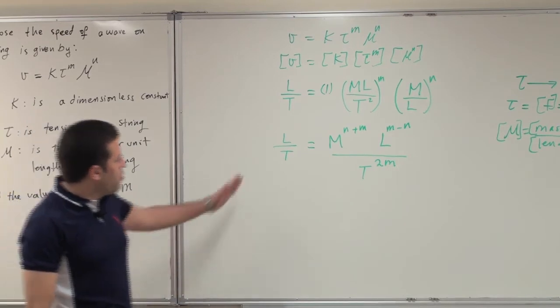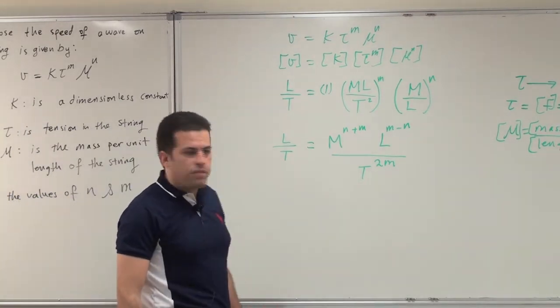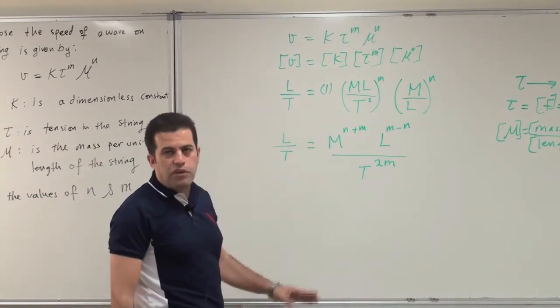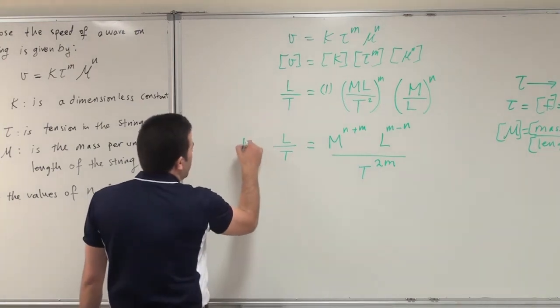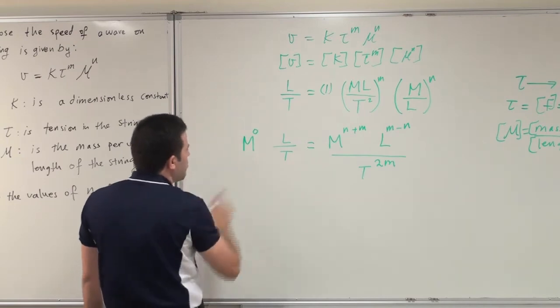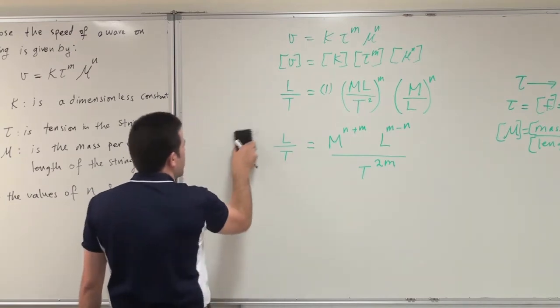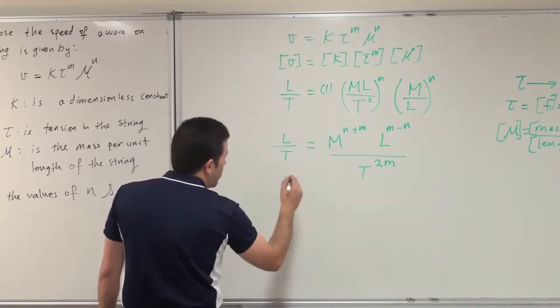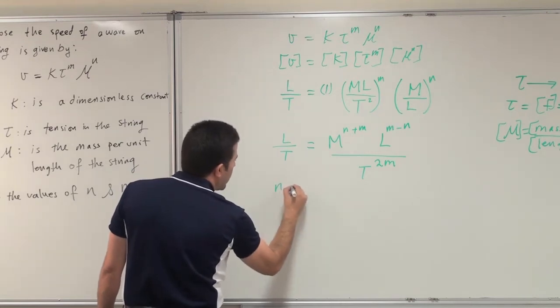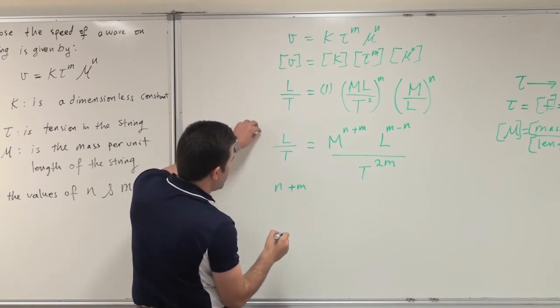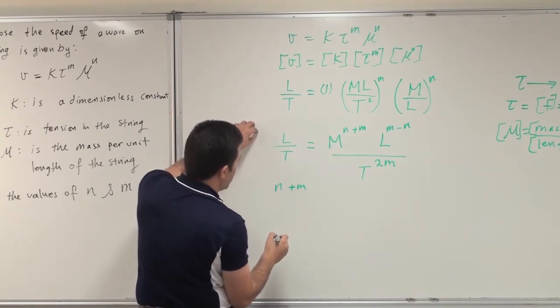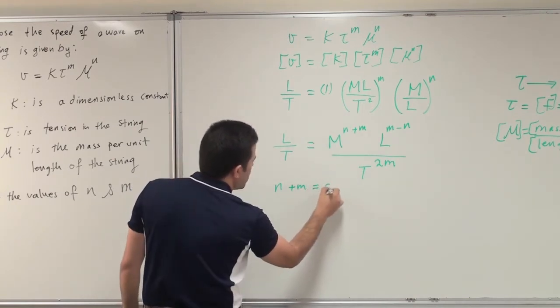Now, I can compare the left side with the right side. On the left side, I don't have a dimension of the mass, which means that the power of M is 0. That's why it doesn't appear, it's 1. So I can extract three equations. First, n plus m, because the power of M on this side is 0, should equal 0.